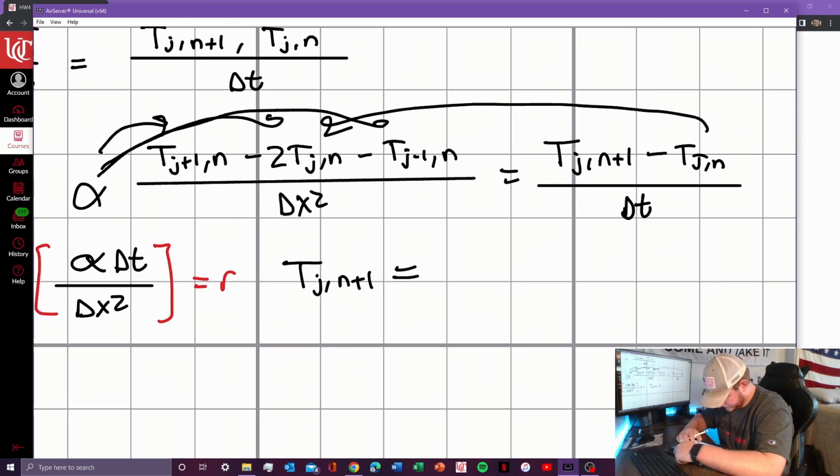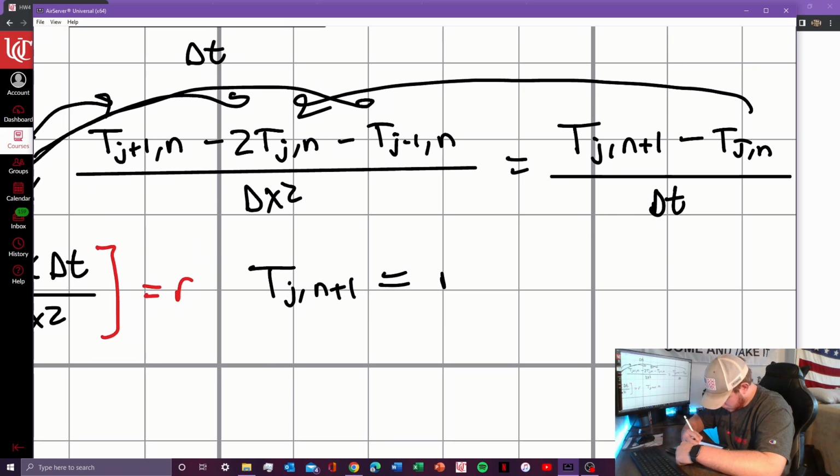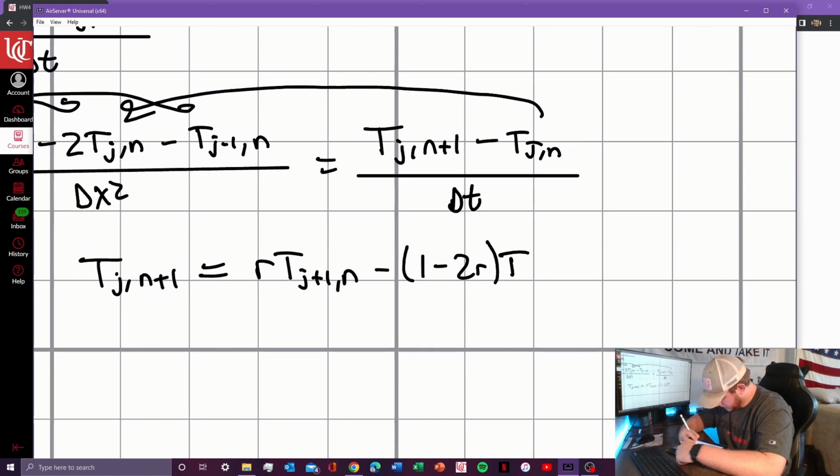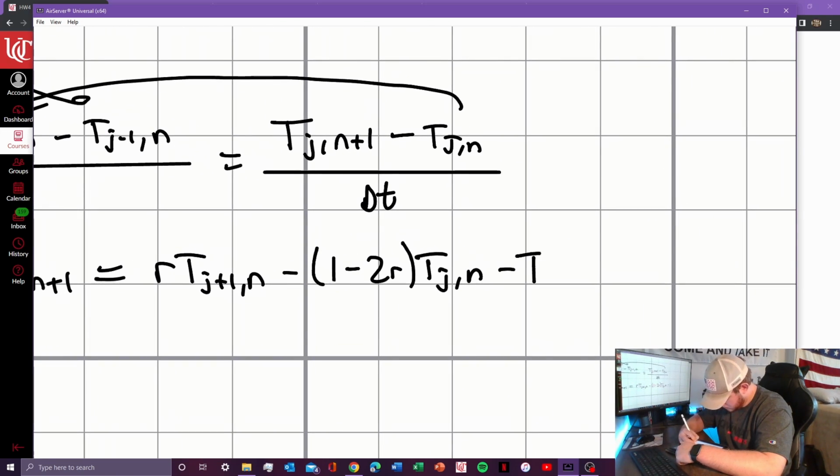So it's going to be r T_j plus 1 to the n, minus, or I'm sorry, 1 minus 2r T_j to the n, then minus T_j minus 1 to the n, oh, I forgot another r, r T_j minus 1 to the n.